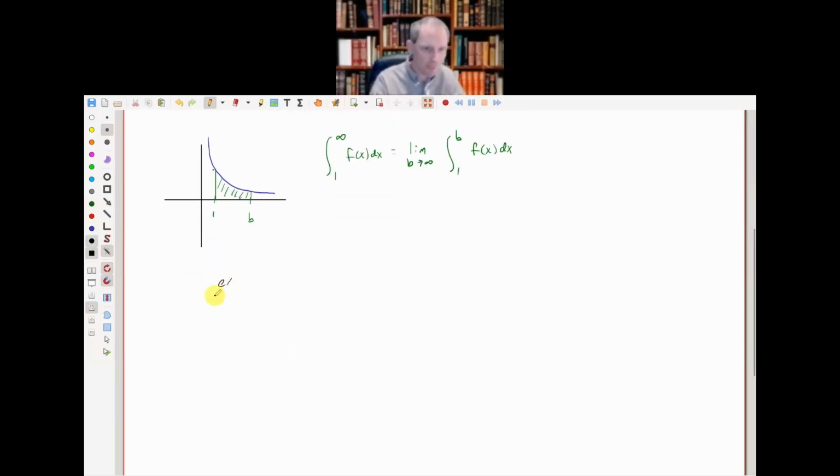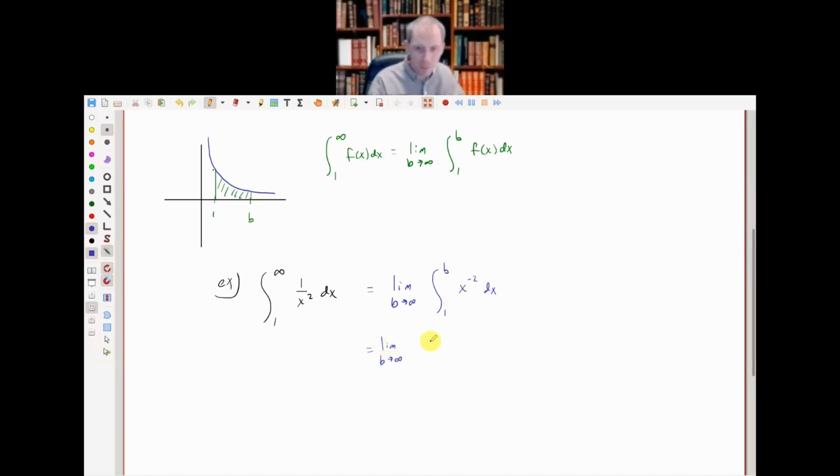So let's look at our example, the integral from 1 to infinity of 1 over x squared dx. I'm going to write that as the limit as b goes to infinity of the integral from 1 to b. And I'm going to rewrite 1 over x squared as x to the negative 2 because I'm going to use the power rule to integrate that. The limit is just going to hang out for a bit.